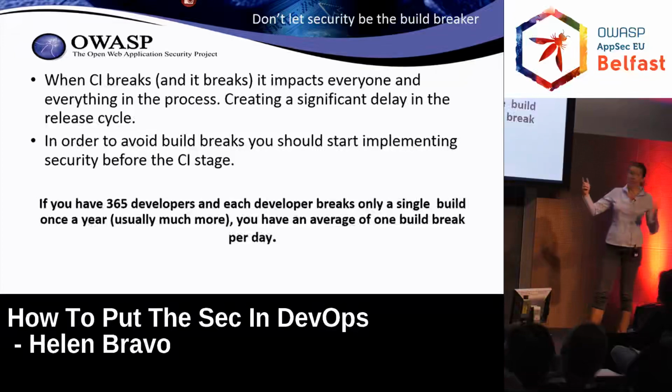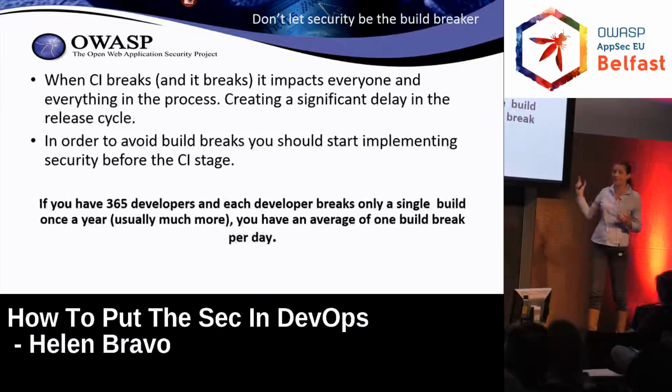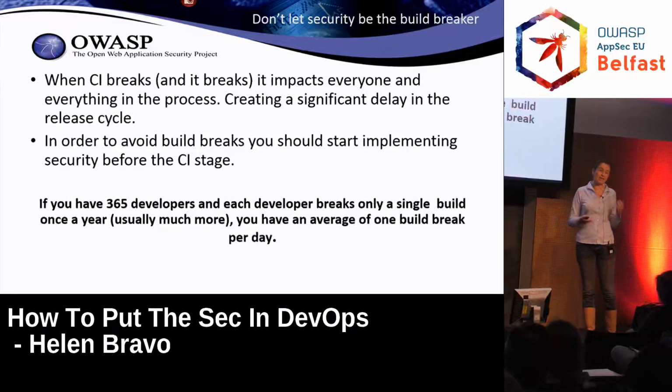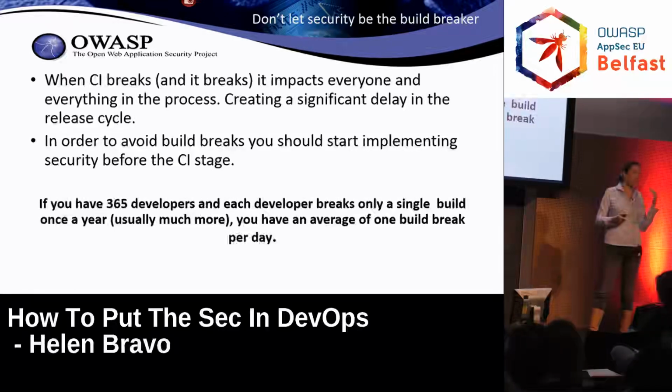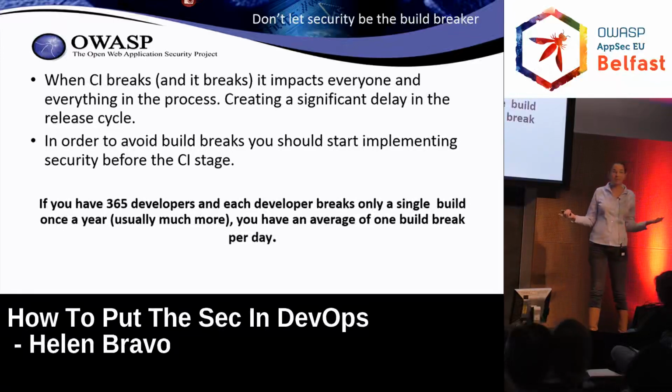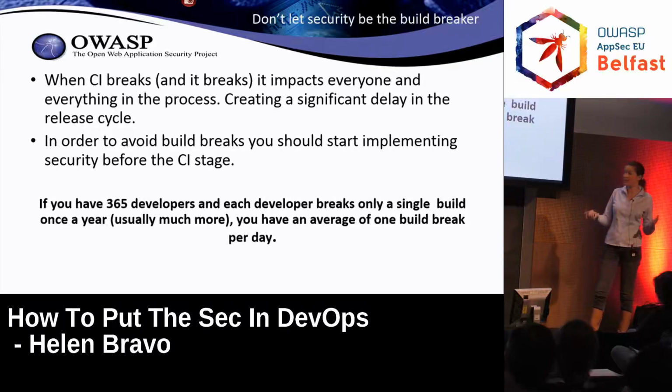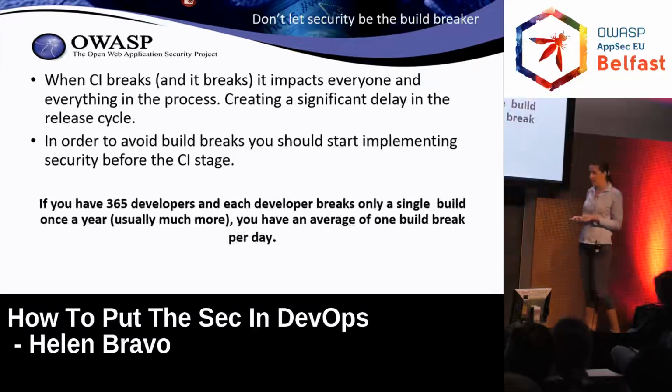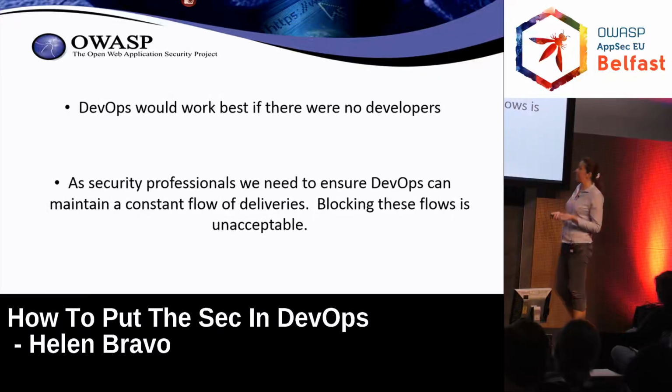So if you have, in a big organization, 365 developers, and each developer breaks the build once a year, each day the build is broken and they're not actually proceeding, and the process is stopped. So breaking the build is a very, very significant decision.